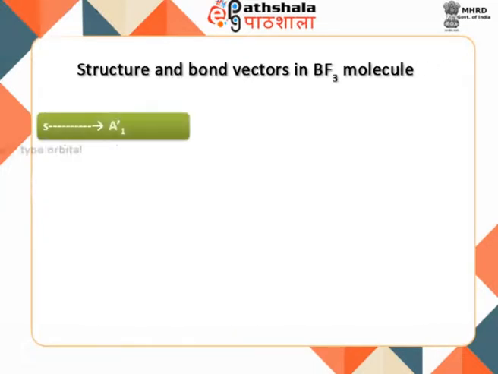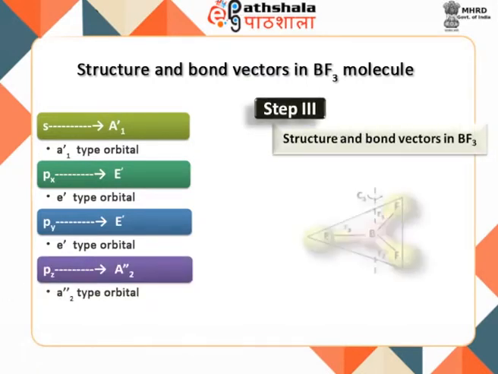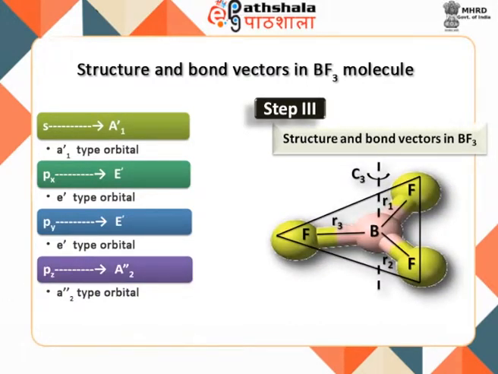The symmetries of the atomic orbitals of boron are as shown. Step 3 is the structure and bond vectors in BF3, which is as shown.